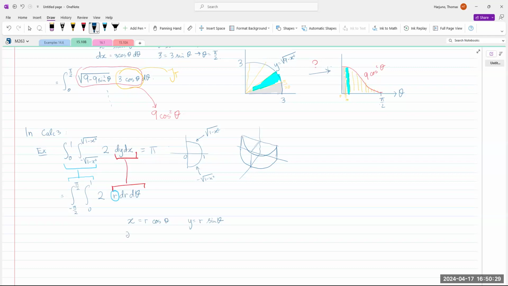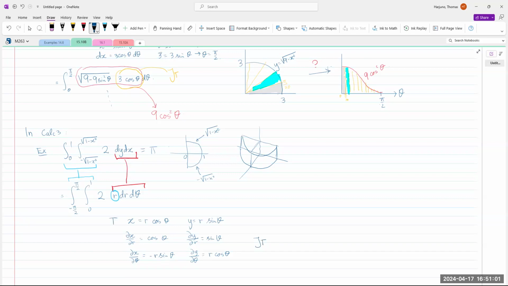So when we take the partial with respect to r, that's cosine theta, sine theta, and the partial with respect to theta, that's negative r sine theta and r cosine theta.